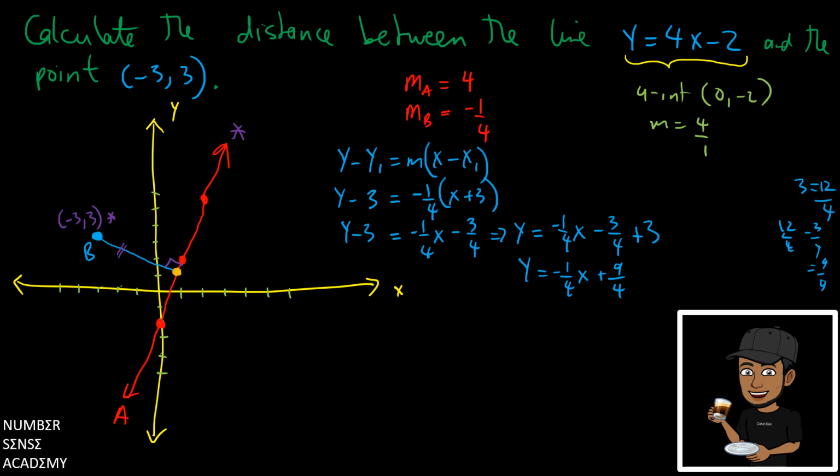So we have 4x minus 2 equals negative 1/4 x plus 9 over 4. Right? So we have 4x plus 1/4 x equals 2 plus 9 over 4.